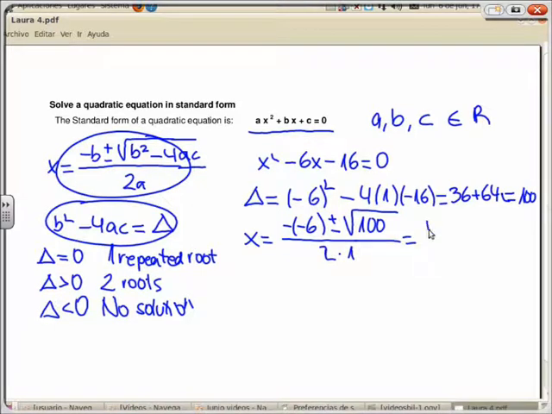This is equal to 6 plus or minus the square root of 100, that is 10, over 2. Here we get two possible solutions.